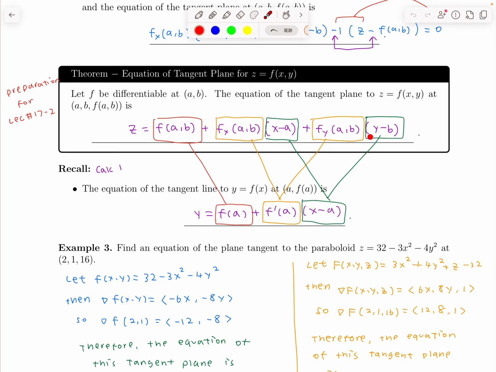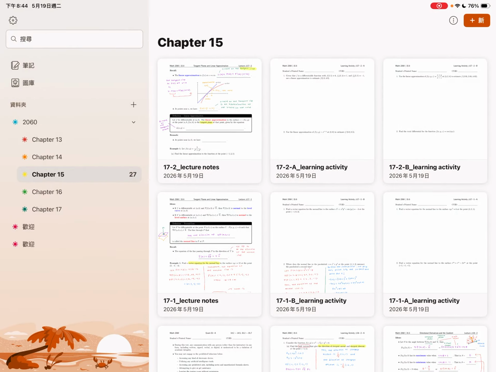And we also review the tangent line in calculus 1, and we do a one-to-one correspondence. Hopefully this will help you to memorize the formula a little bit. So let's go back to our lecture notes.